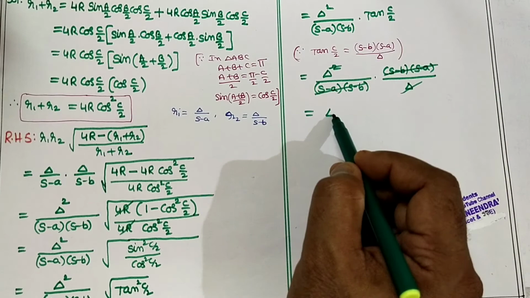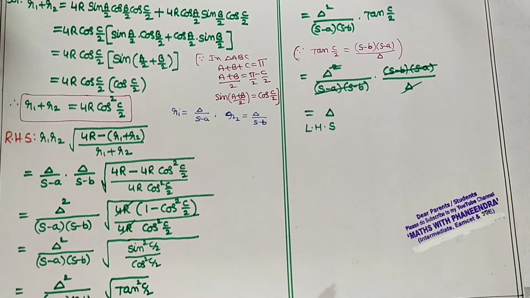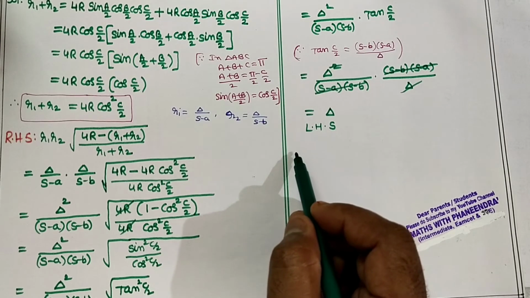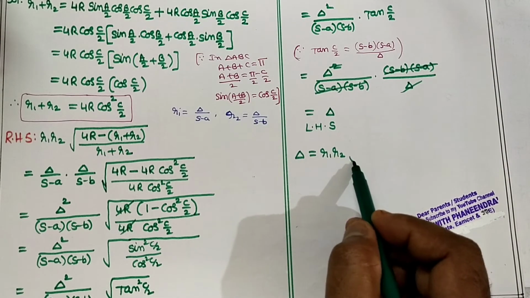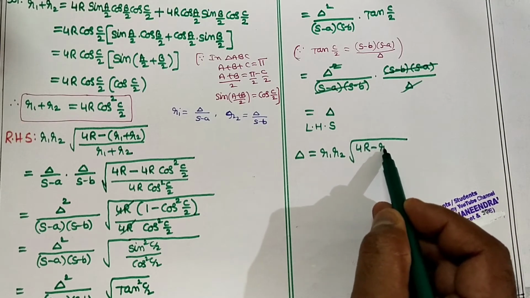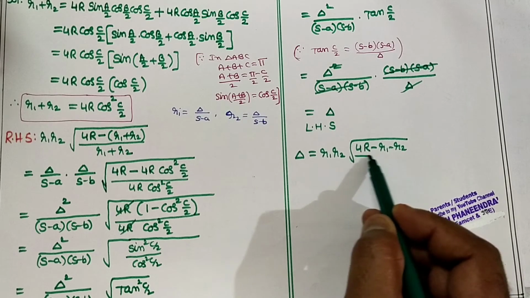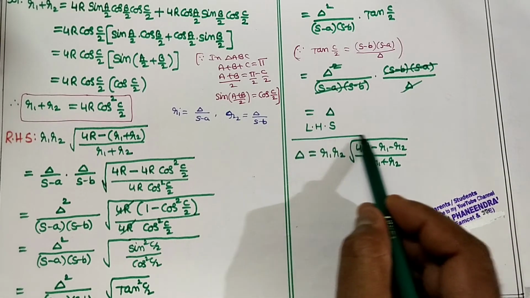So the remaining is delta. This is required LHS. Therefore the conclusion step, delta equal to R1 R2 into square root of 4 capital R minus R1 minus R2 divided by R1 plus R2. Hence the result.